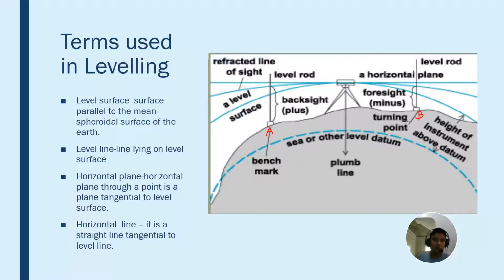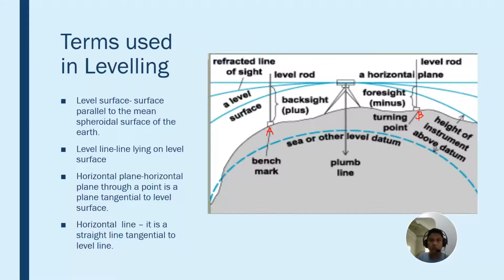Now, for leveling, we simply put the surveying instrument, which is the auto level, in between these stations. Pwedeng sa midpoint or at any point in between that direction on the line or the course of the two stations.